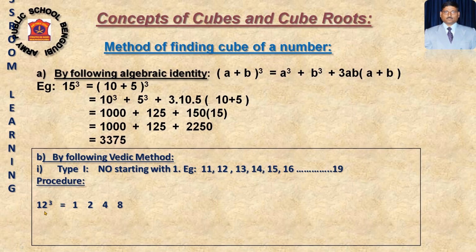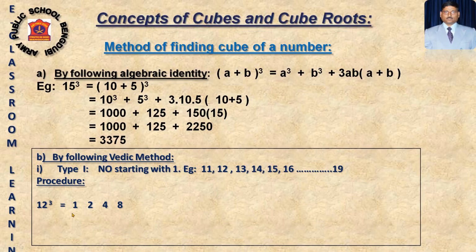Suppose I need to find 12 cube using the Vedic method, not the algebraic method. What to do? These two parts, 1 and 2, we have to find the cube of separately. 1 cube is 1 and 2 cube is 8. There should be a gap in between because I have to write certain things in between.